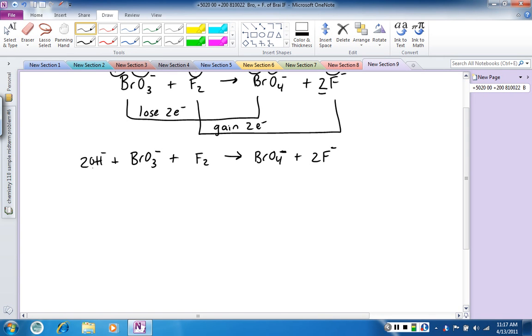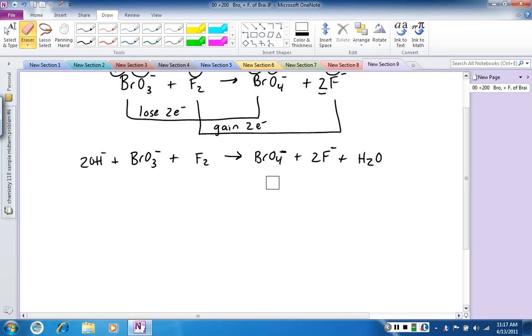We have 2 O's from OH minus plus 3 O's, so we have 5 O's on our left side. We have 4 O's on our right side, so we need to add a water. 1 water, we're missing 1 O. So now we have our O's balanced.